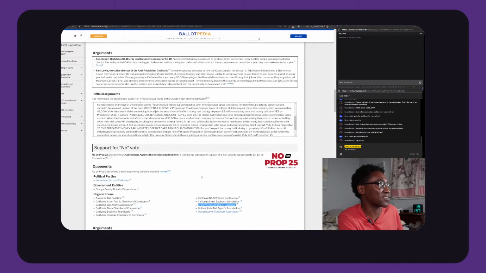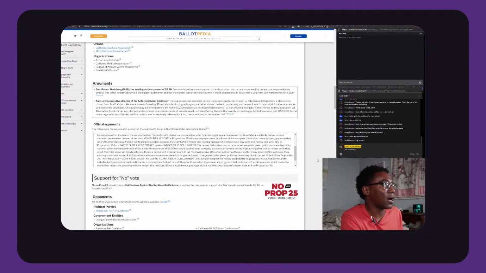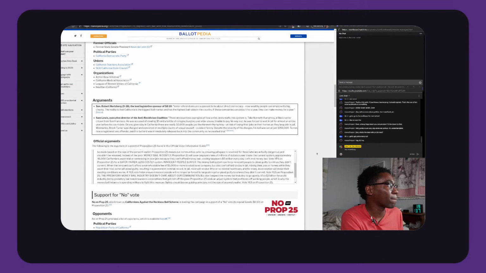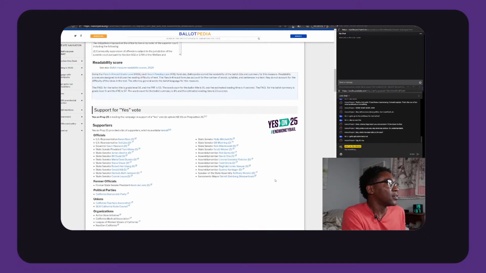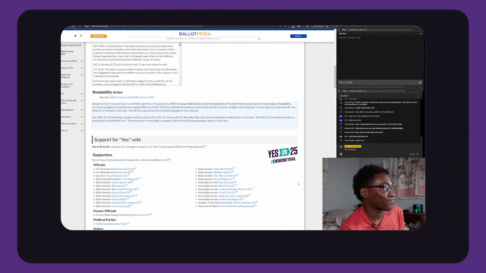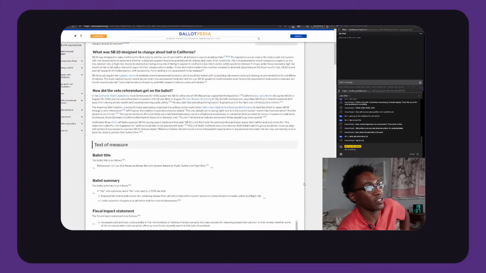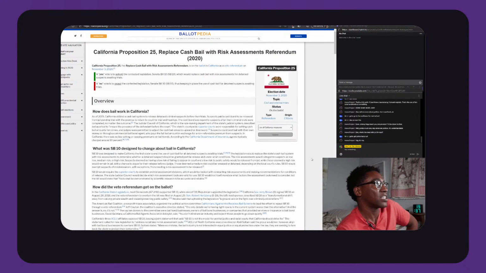So you have a lot of the business side. It's definitely a tough one. I can understand you going either way on this, because the people who want a no on this just want to keep cash bail in place in general.